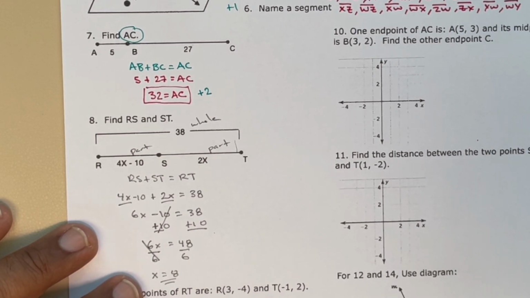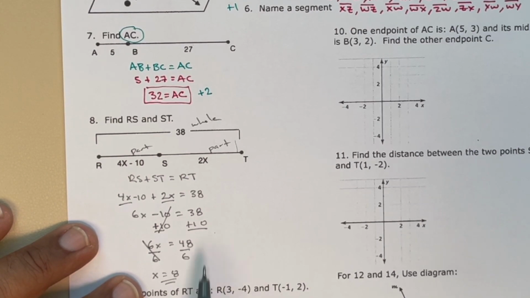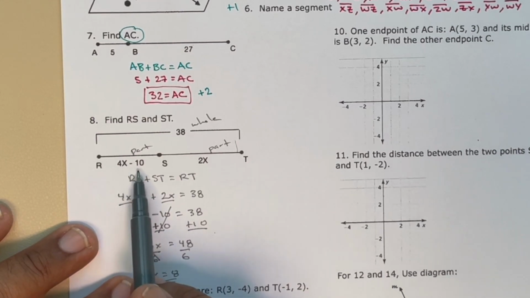I'm only partway through because I've solved for x. I've done a lot of algebra, which is good, but this is asking for the lengths of RS and ST, so I need to plug this back in to each one of these.